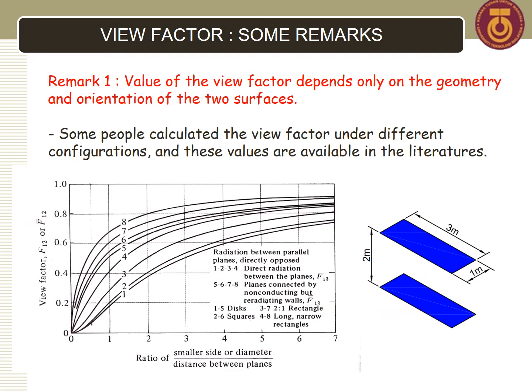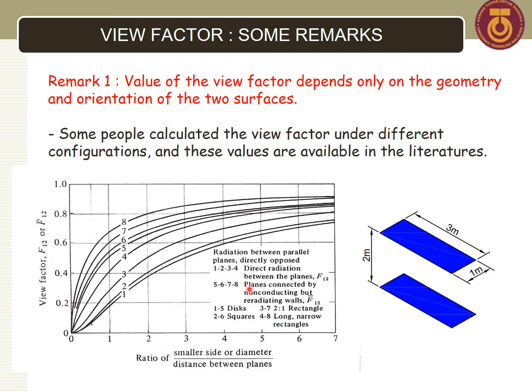Let's now see the first graph. This first graph is for the radiation between two parallel planes directly opposed to each other. For curves 1 to 4, they are for direct radiation between the planes, and there is nothing between the two planes.